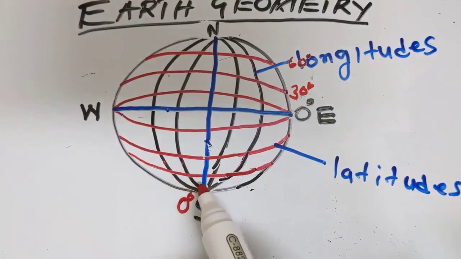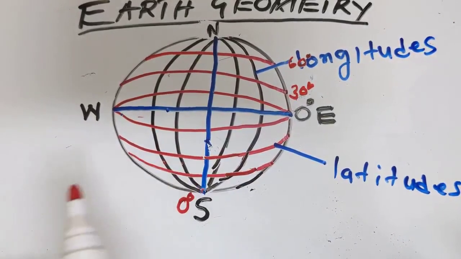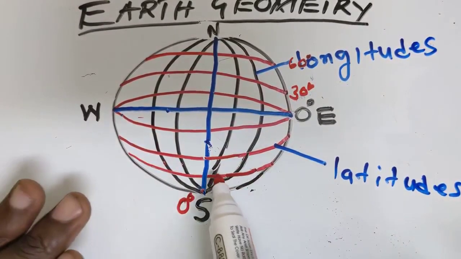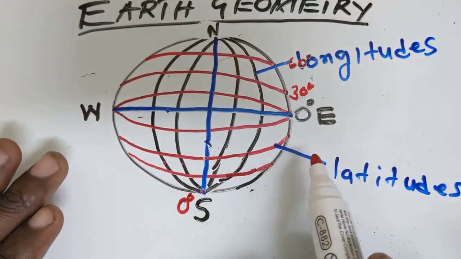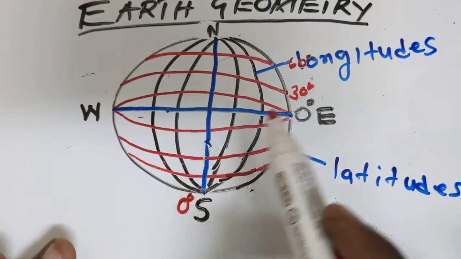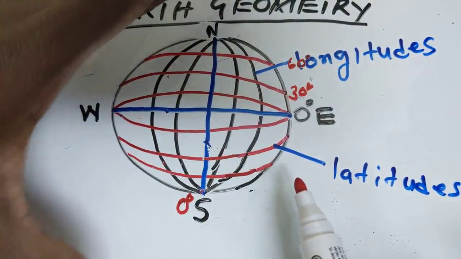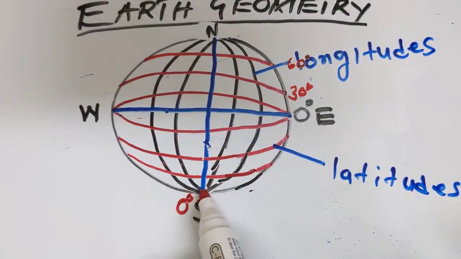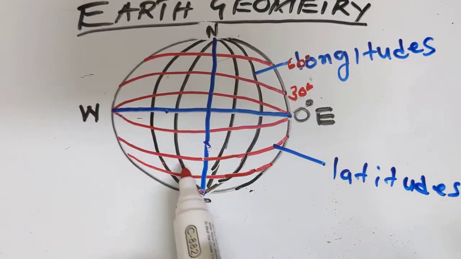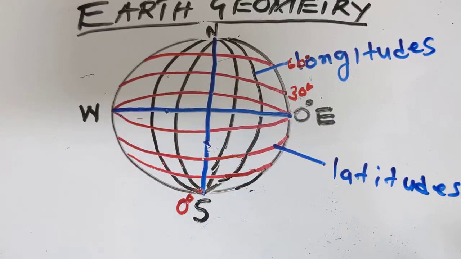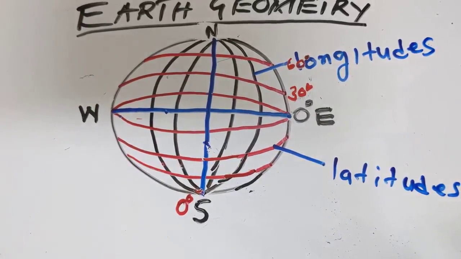You need to know that the degrees increase as they go wide. So for the longitude, it starts from 0, then this one might be 30, this one might be 60, or any estimate that you can mention.